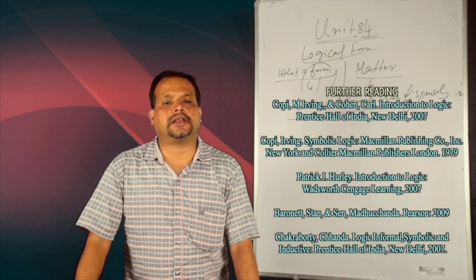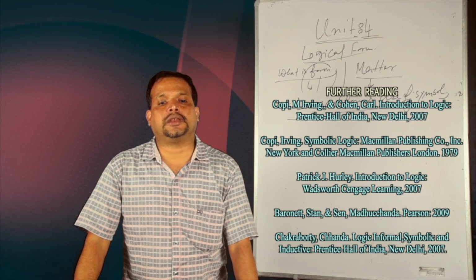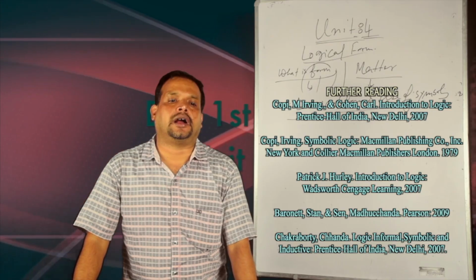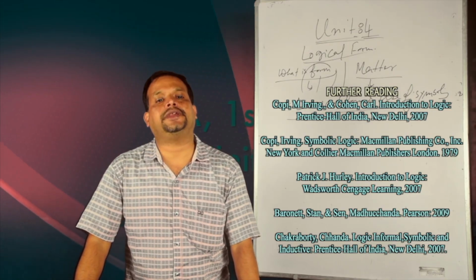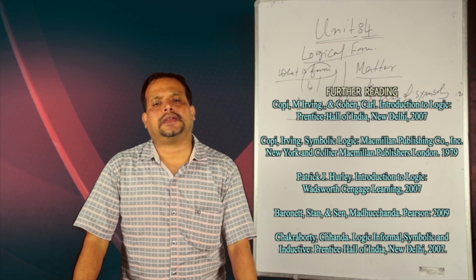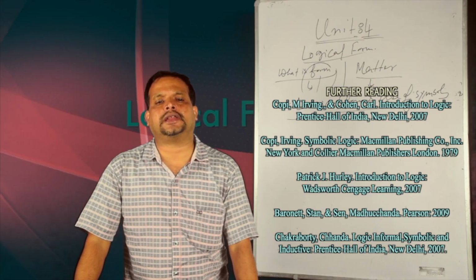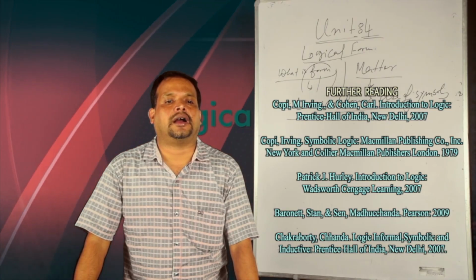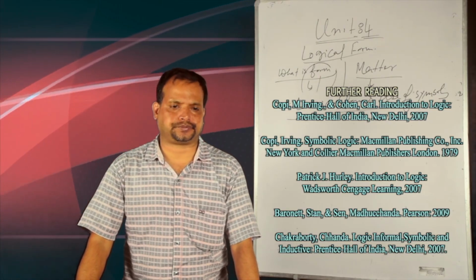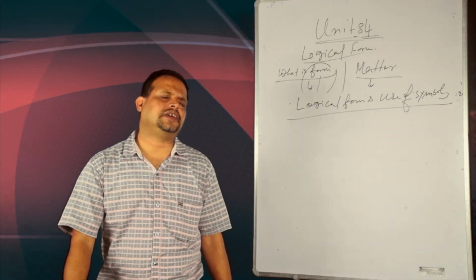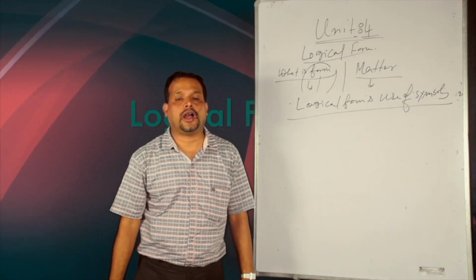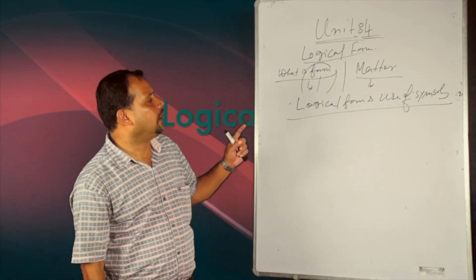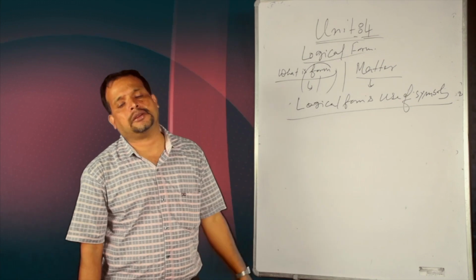Another one you can take is Logic: Informal, Symbolic and Inductive, written by Sanda Chakraborty. And another very important one is Introduction to Logic, written by Patrick J. Hurley. So these are very important books you have to read in order to understand the unit logical form.